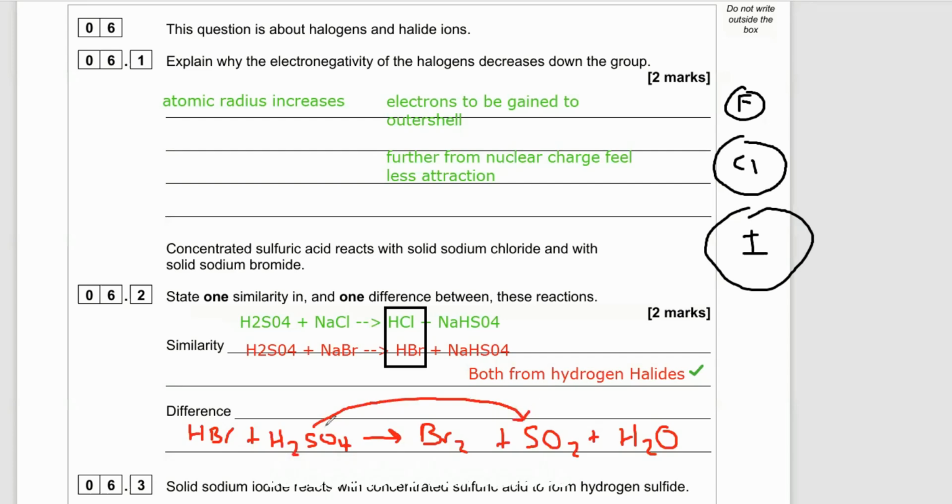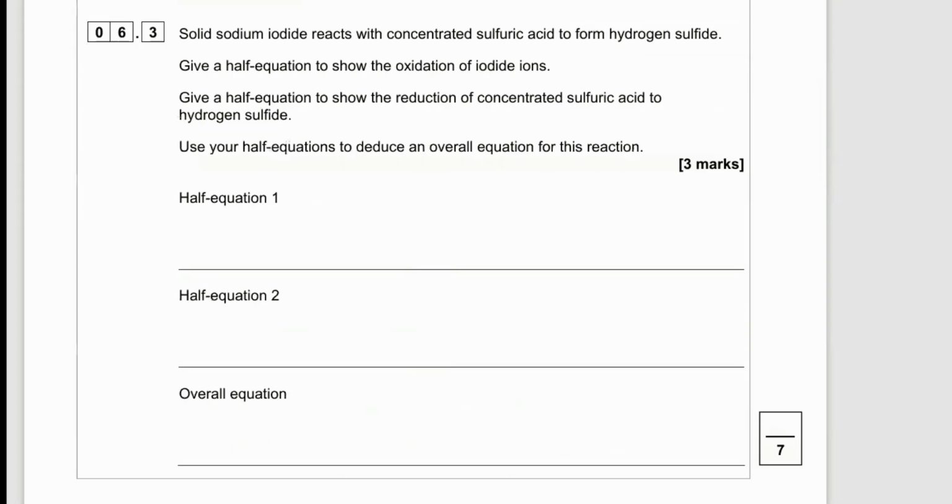And the difference here is that in this second reaction, the bromide ions reduce the sulfur atoms from +6 oxidation state to a +4 oxidation state. So the sulfur atoms have gained 2 electrons and been reduced. So bromide ions will do a redox reaction. The chloride ions are not a good enough reducing agent to reduce the sulfur. If you look at the sulfur atoms in sodium hydrogen sulfate and in sulfuric acid, they haven't been reduced.